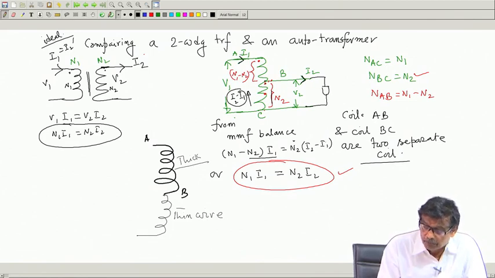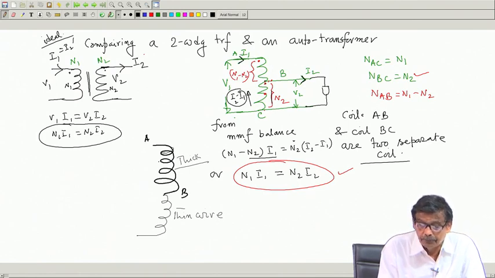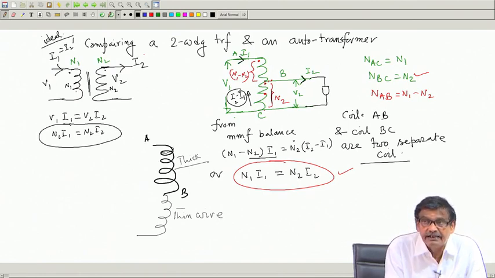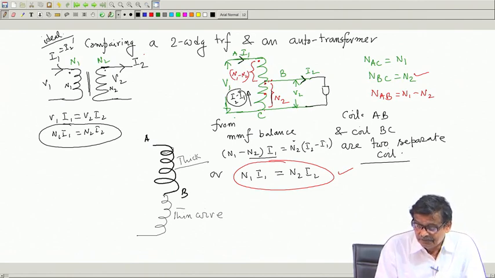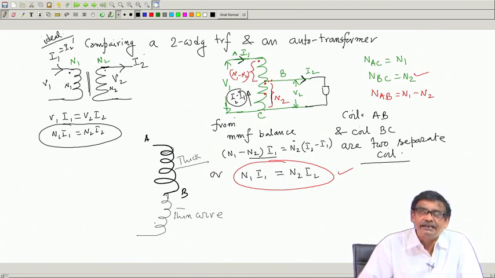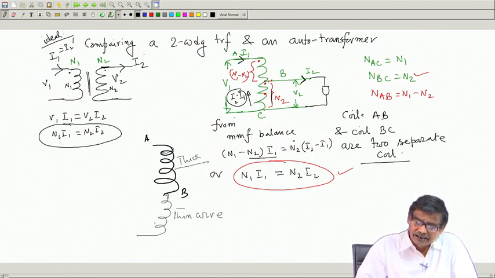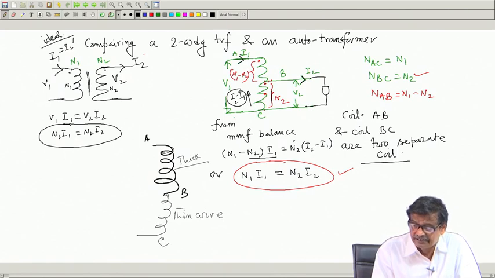But here in this portion, the sectional area of the upper portion will be same as the sectional area of this two winding transformer here, but for this portion I can make it thinner. So, it looks like this point is C, thin wire, this will be thick wire.